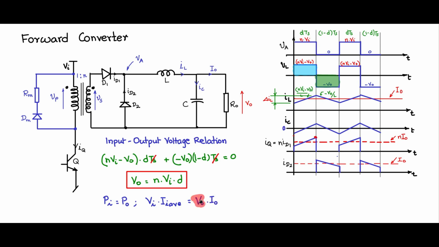Now we can replace V0 with the input-output relationship we have just derived, so it is N Vi into D into I0. This is the output power P0. This implies that II average is equal to N I0 into D. This is the input-output current relationship. This value is the average of this IQ waveform, expressed in terms of N, I0 and D.